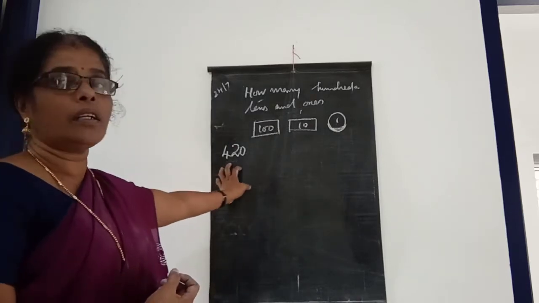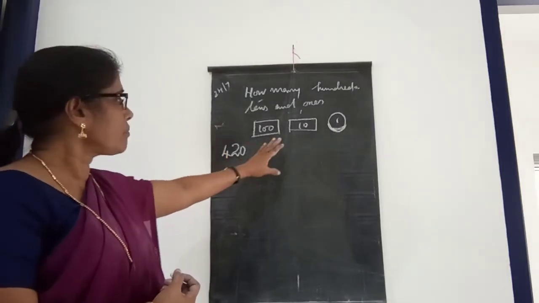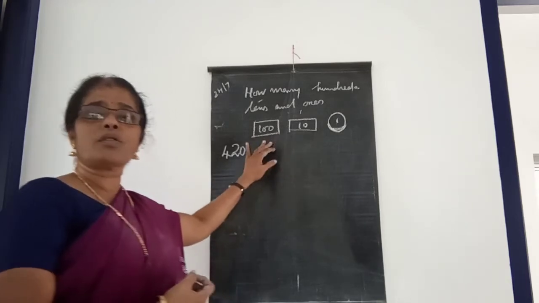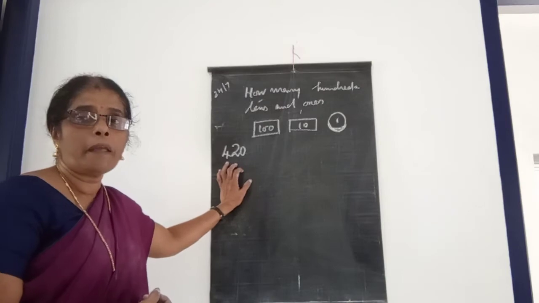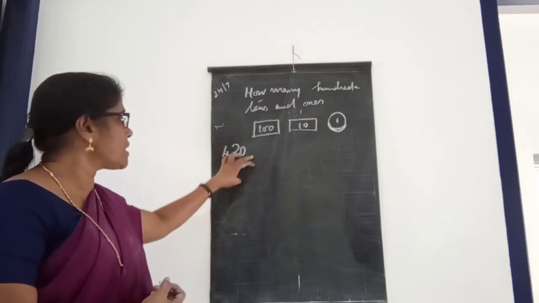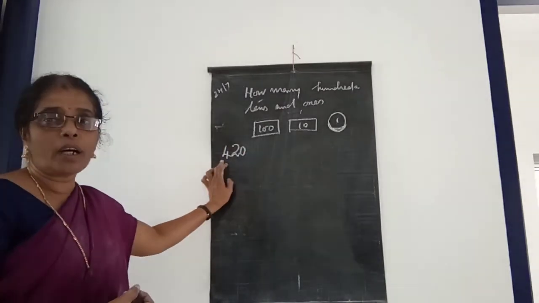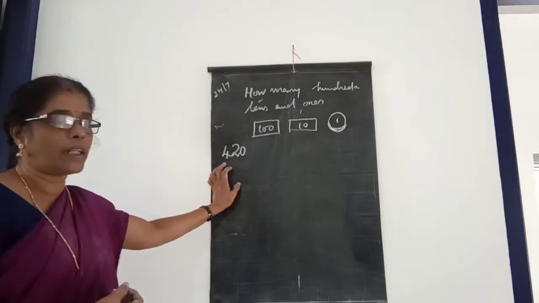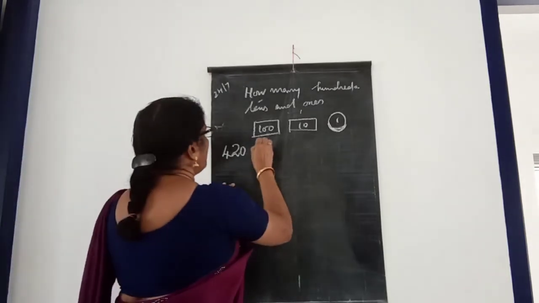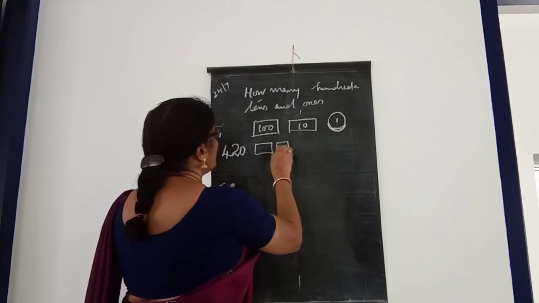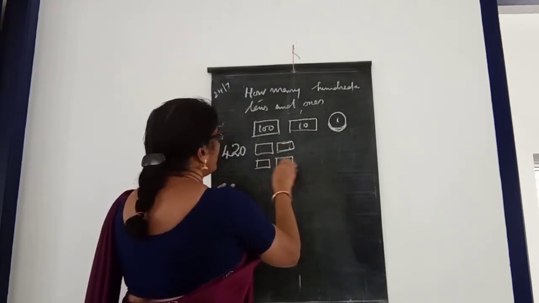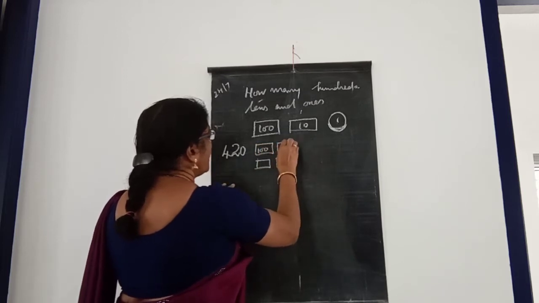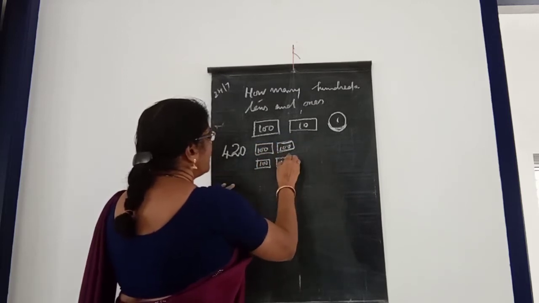How many hundreds here? 420, that is 400, isn't it? So they can give 400, 1, 2, 3, 4 hundreds. 100, 100, 100, 100.